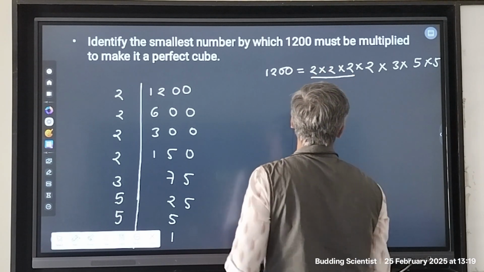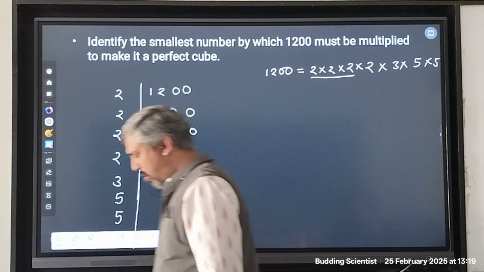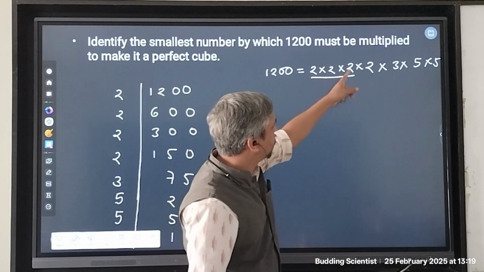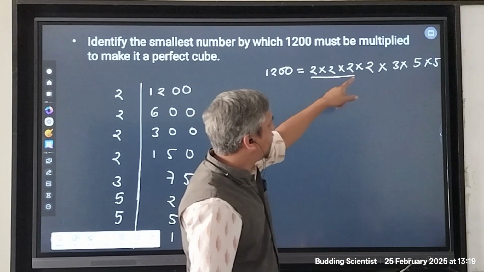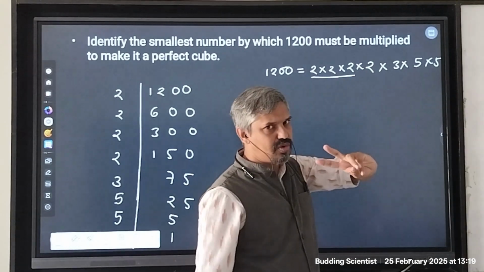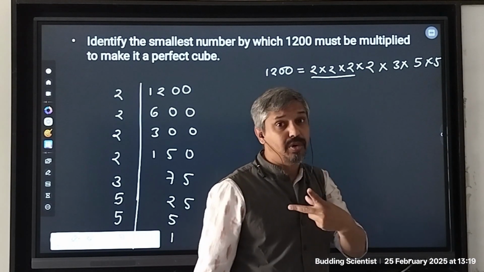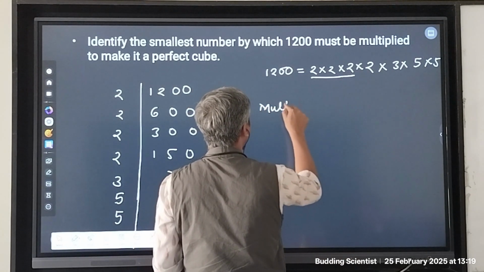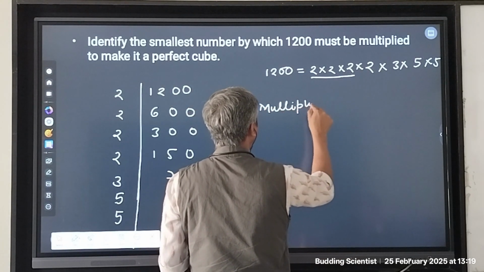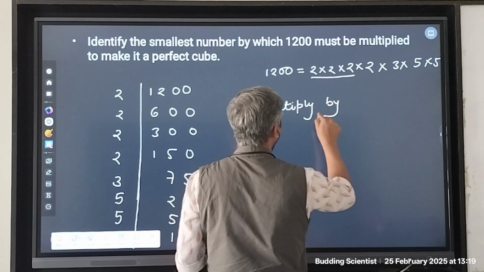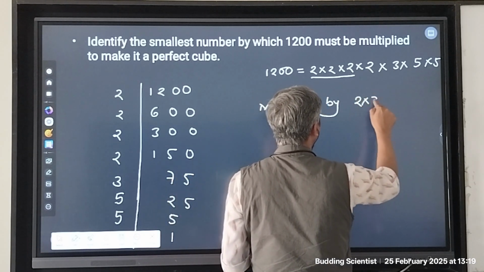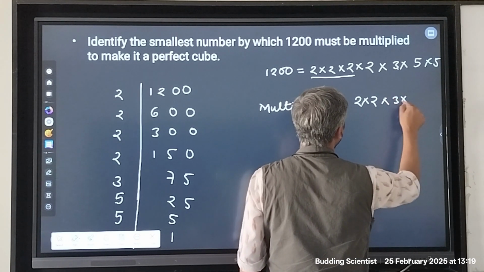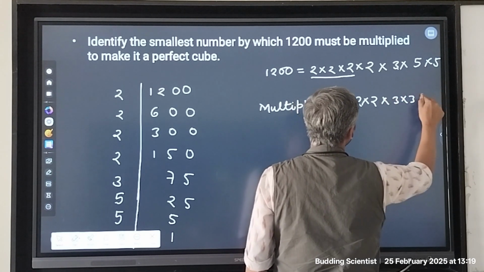So we have to group those factors which already have a triplet. So 2 has a triplet, 1 2 3. So we'll write this. But this 2 is alone, so you need to multiply by 2 more 2s. So we have to multiply by 2 into 2 for this, 3 into 3 for this, and 1 five for this.